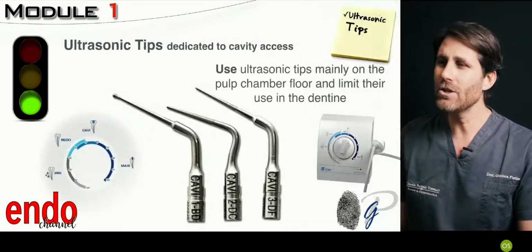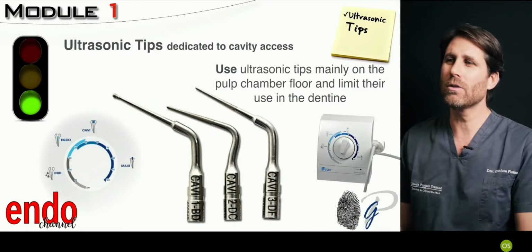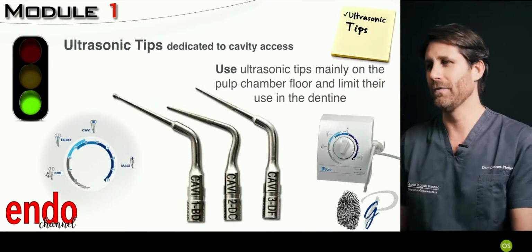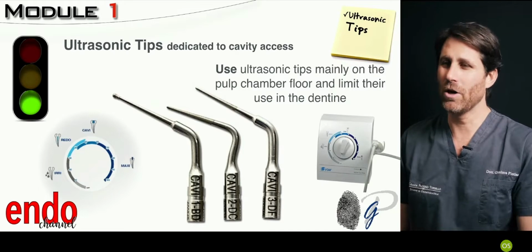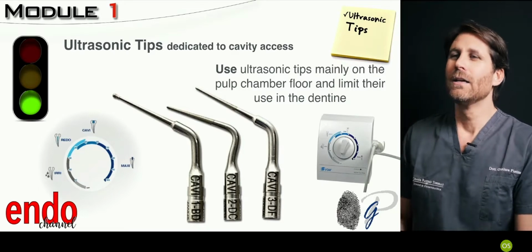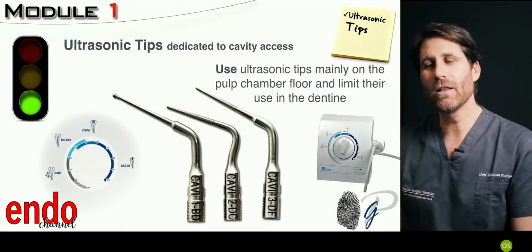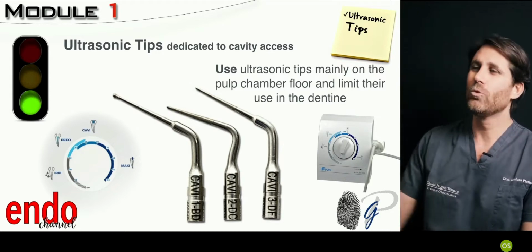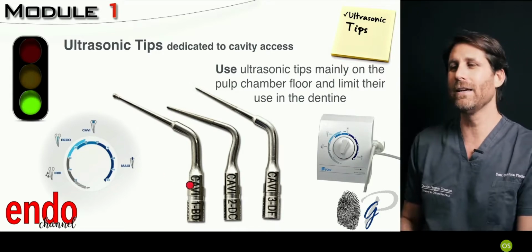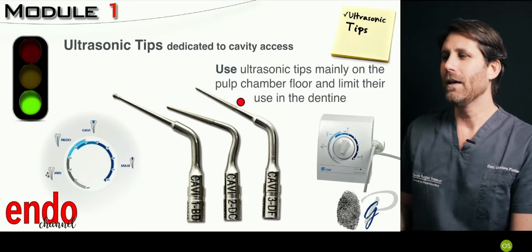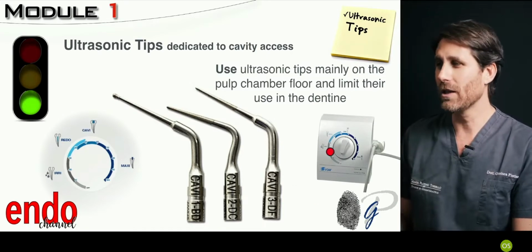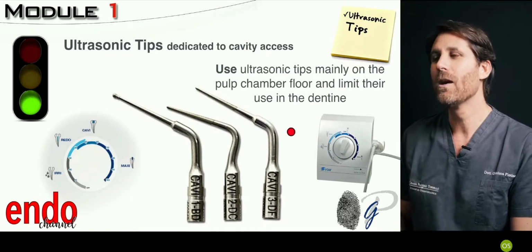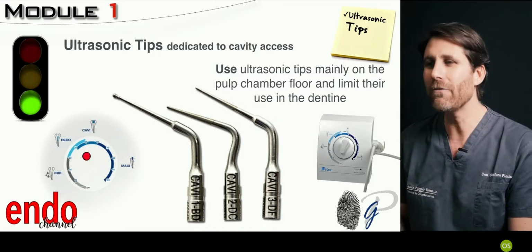The strategy in my cases is to use ultrasonic tips for the root canal orifice. We will see very clearly in the next appointment in the endo channel. But speaking about ultrasonic tips dedicated to cavity access, I like this kit, the Cavi Tips by VDW, with this ultrasonic device, because with this ultrasonic device you can perfectly fit the specific power for the specific tips.